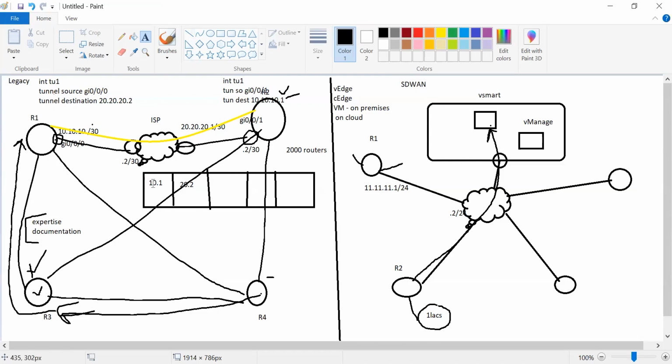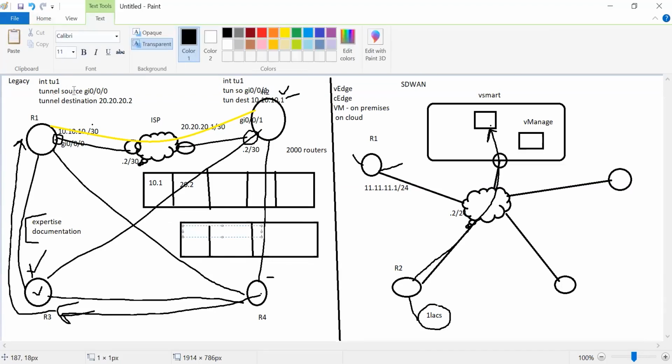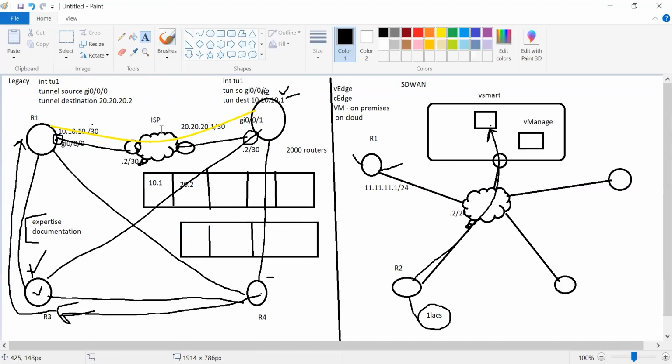And when we talk about the tunnel, this yellow one, what would the source and destination IP in the IP header be for packets traveling across the tunnel? Let me clean it up here.